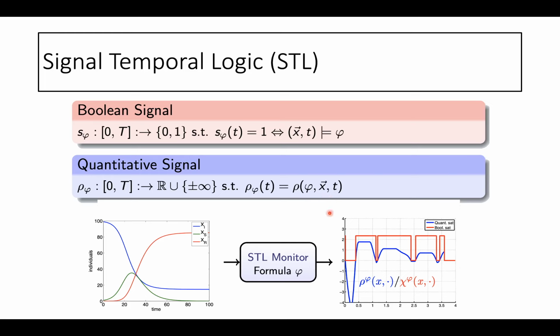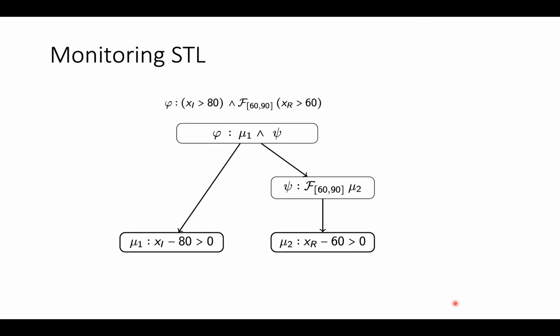The function that is computed by the quantitative semantics is also called the robustness. So given a certain trajectory and a certain formula phi, we can compute a Boolean or a quantitative signal that gives us the value of satisfaction, Boolean or quantitative, at each time.